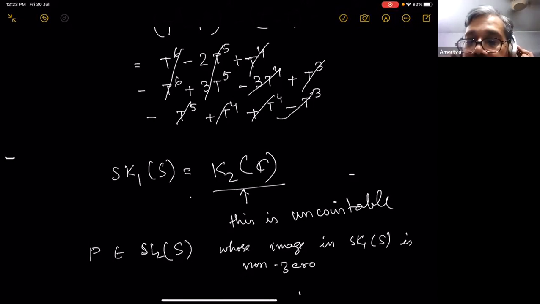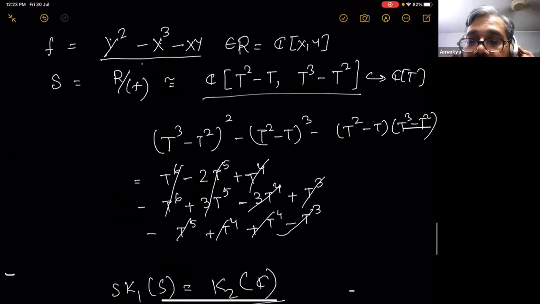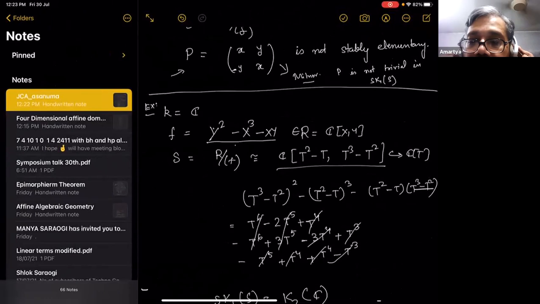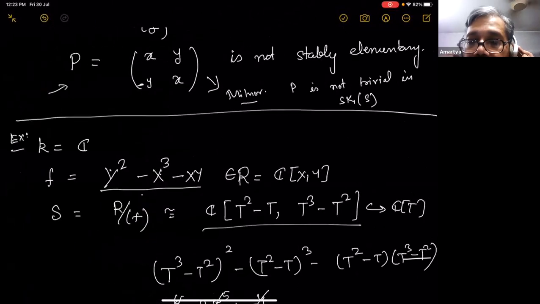So how much time do you need? For the proof, I need actually 10 minutes. The one on stably isomorphic is a long proof. Then maybe drop it now. Okay.